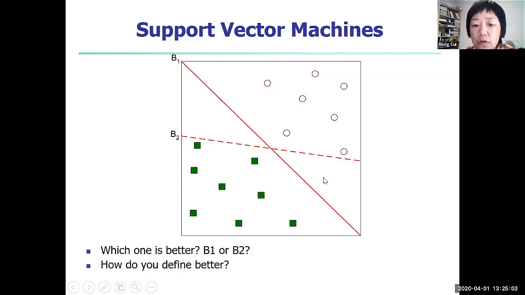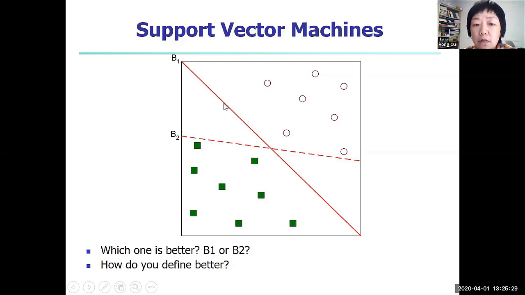There are broader margins between these 2 groups of data. This contrasts with B2. This dot and this dot are almost on the boundary. A little bit of shift in this line, and we could start to misclassify things. Or if we observe some other examples from either of the classes, they could be located here or here, and they're going to get misclassified.